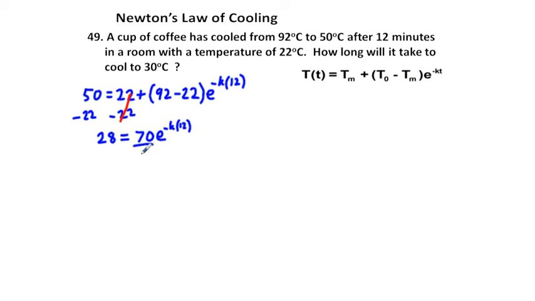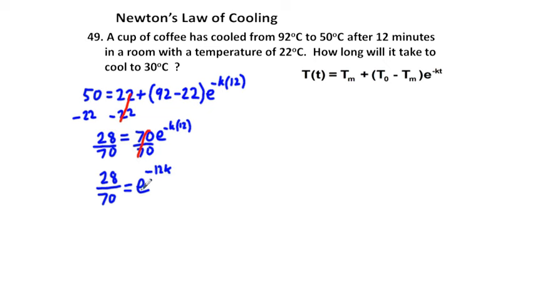And if we divide both sides by 70, we have 28 70ths, it can be simplified, equals e to the negative 12k right here.